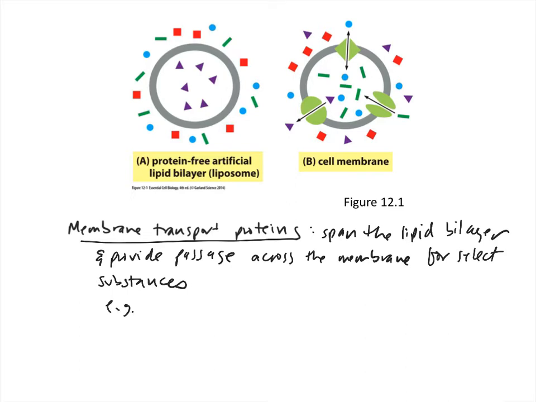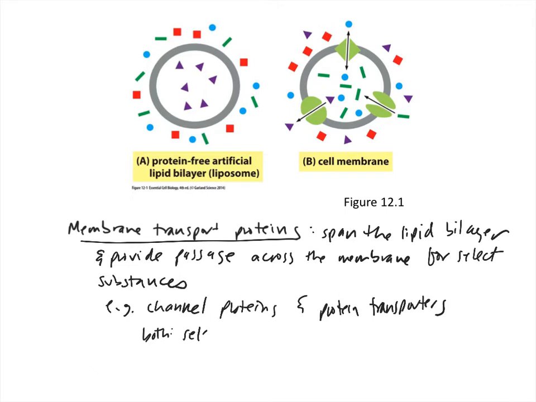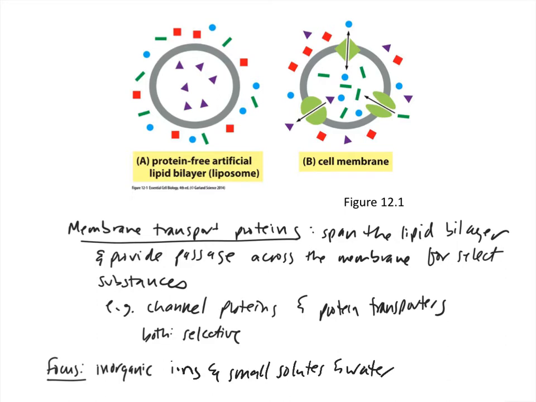So examples of membrane transport proteins are channel proteins and protein transporters. Both of these are selective. And what we're going to focus on in this chapter regarding these membrane proteins is the movement of inorganic ions and small solutes and water moving across the membrane.